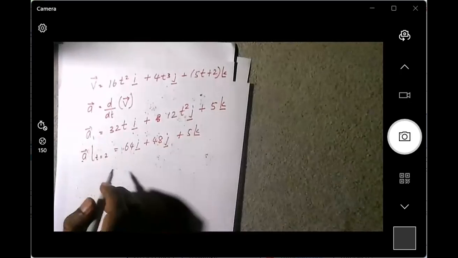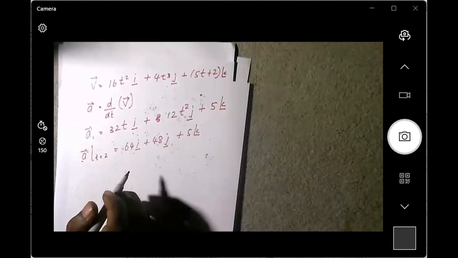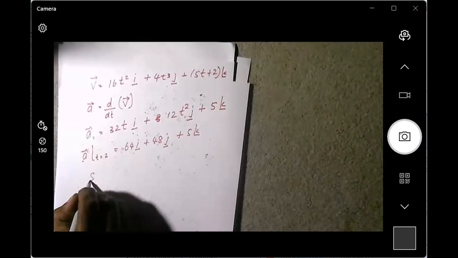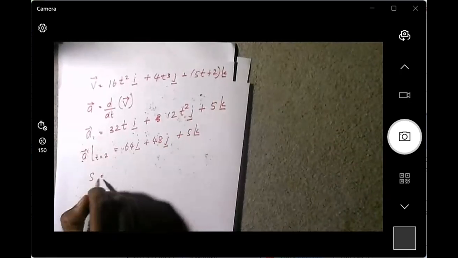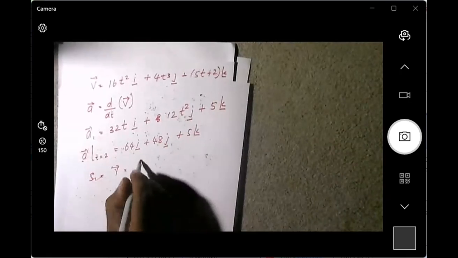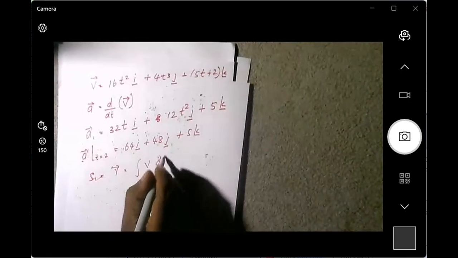Next one, you need to find the position. To find the position, what we have to do is, so let's say R, we need to integrate V with respect to t.